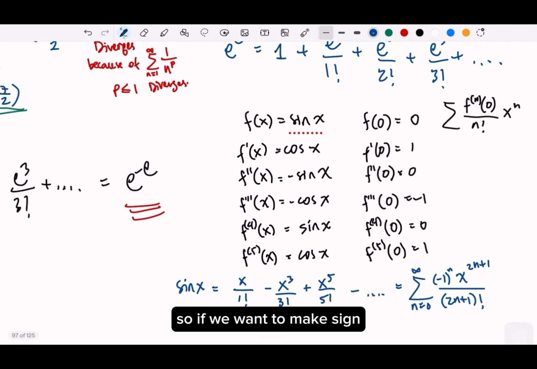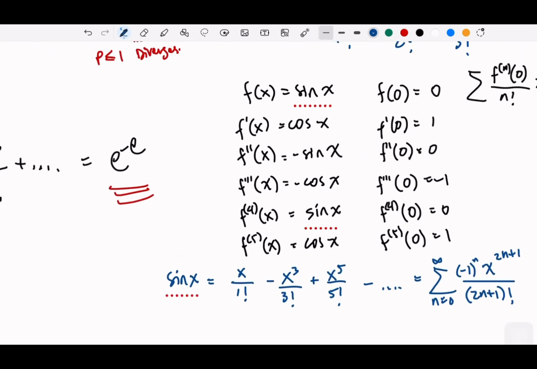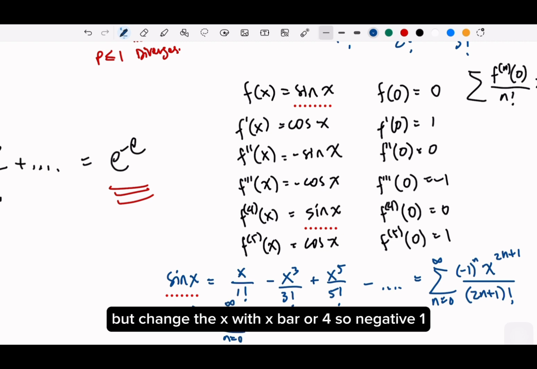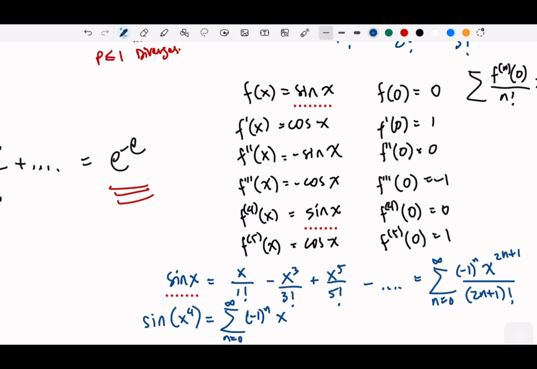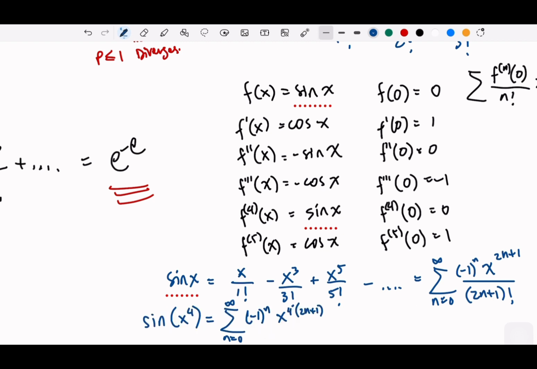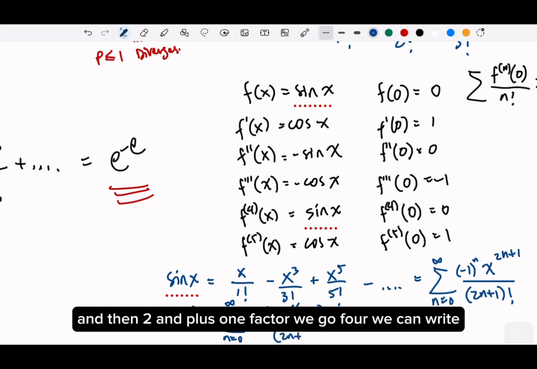So if we want to make sine of x to the power of 4, we write the same thing but change the x with x to the power of 4. So negative 1 to the n, and then x to the power of 4 multiplied by 2n plus 1, over 2n plus 1 factorial.